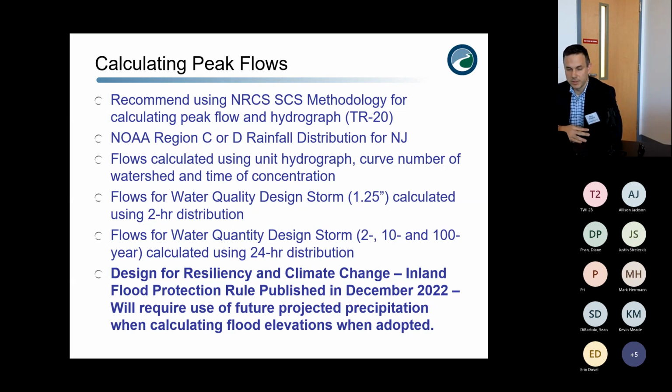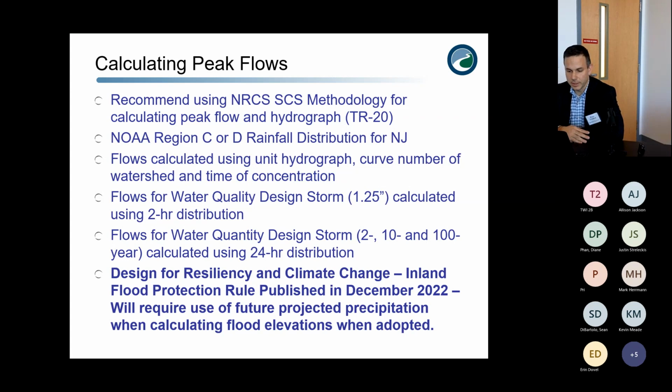It's a lower volume than some of these larger water quantity storms, but it's based on a 2-hour distribution of rainfall and a total rainfall amount of 1.25 inches. For water quantity design, we're looking at the 2, 10, and 100-year storm events, and those are calculated using a 24-hour distribution. So it's a longer period of rainfall and higher depths of rainfall for those storms.